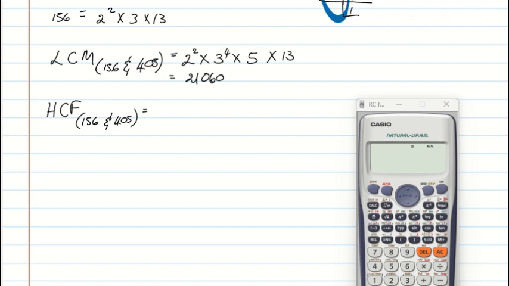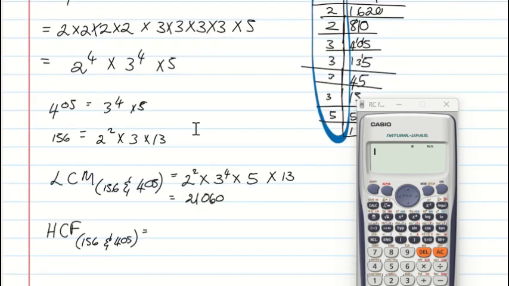Now to determine the HCF, I only check for the factors that are the same. And if I find any factors that are the same, once again, good opportunity to write that.